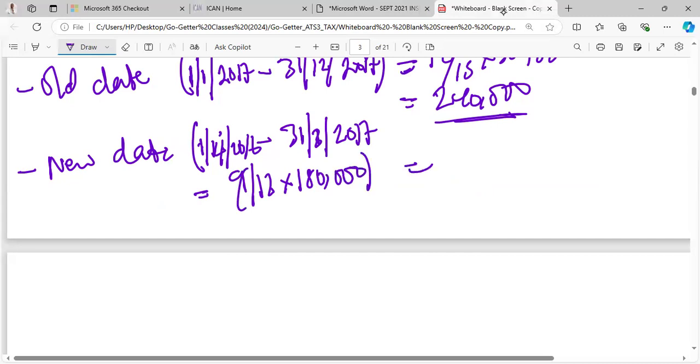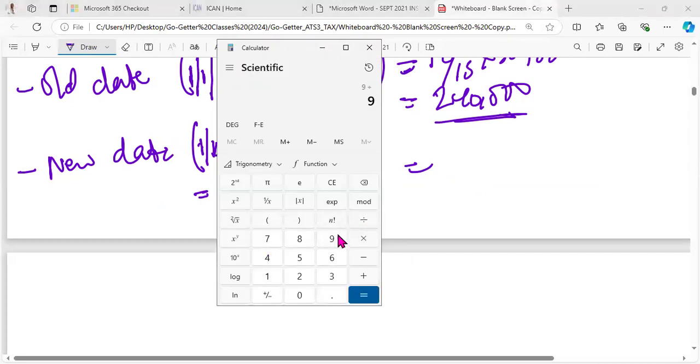So that will give me what? 9 divided by 12 times 180 gives me 135 here on the first hand.